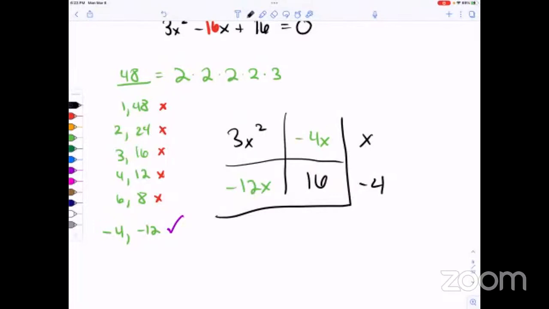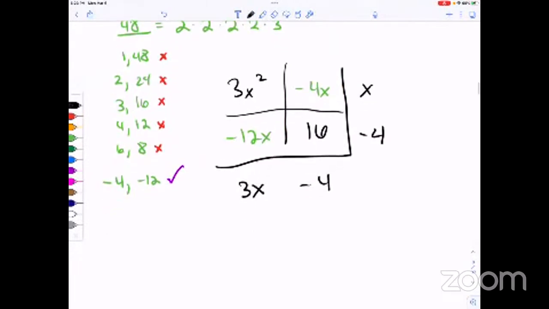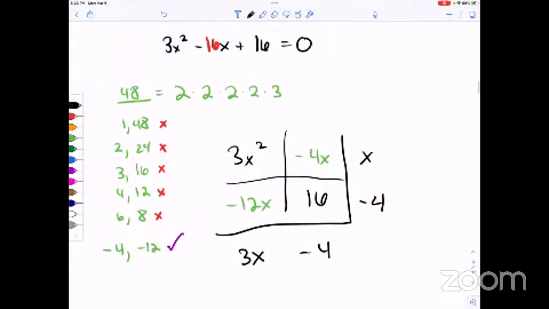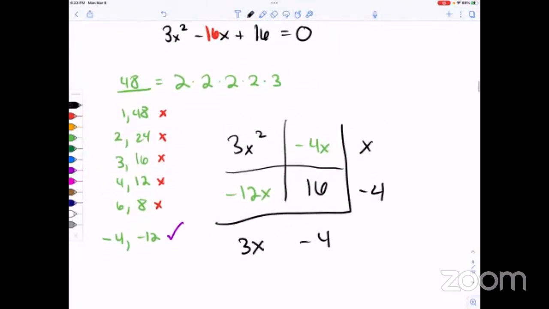With these, what do these two have in common? We can factor out a 3x. So let's do a 3x. And with these two here, let's do a negative 4, right? Okay, so our claim is that 3x squared minus 16x plus 16 factors into 3x minus 4 times x minus 4.